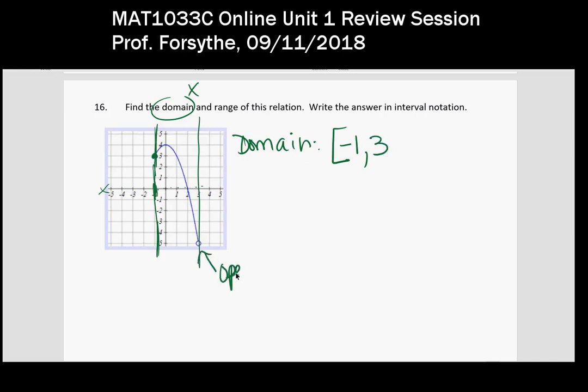Now, notice it's an open circle. So we are not including 3. We're going to use parentheses. Okay? That's the domain.